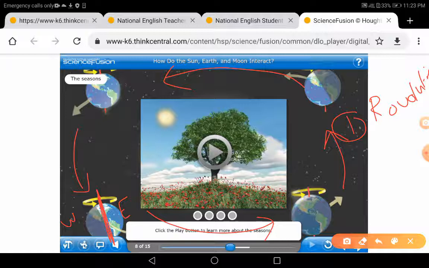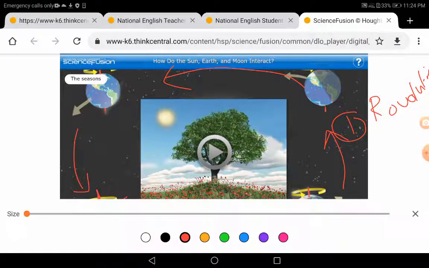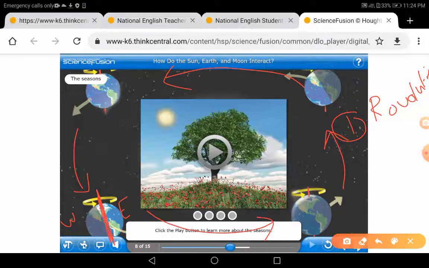The other thing you have to keep in mind is that Earth is divided into 2 equal spheres. They are called hemispheres. So this is the northern hemisphere and this is the southern hemisphere. Okay, this is very important. This line is called the equator line. So let's see this one, for example.